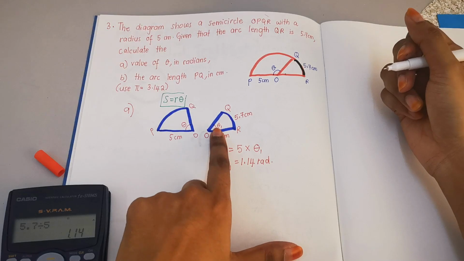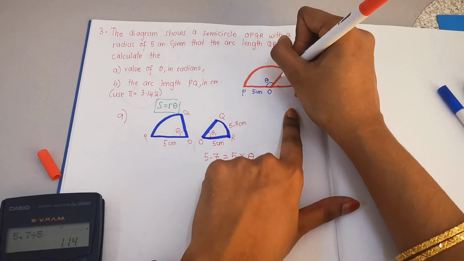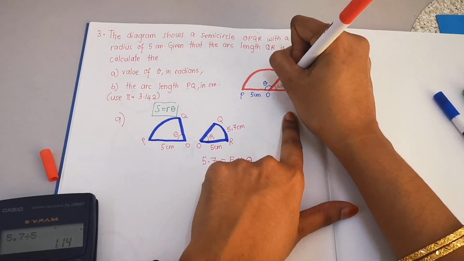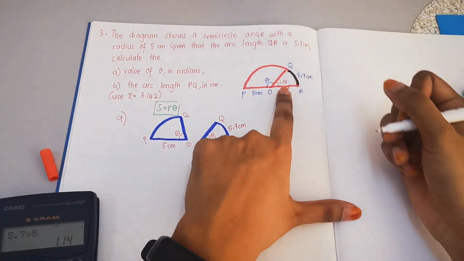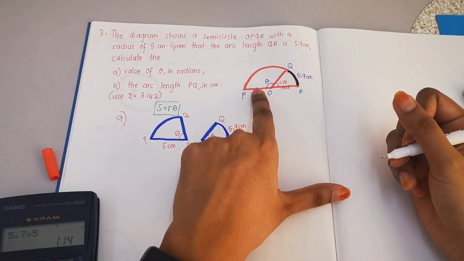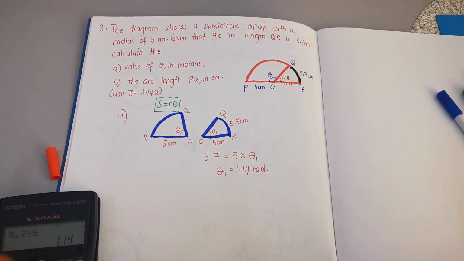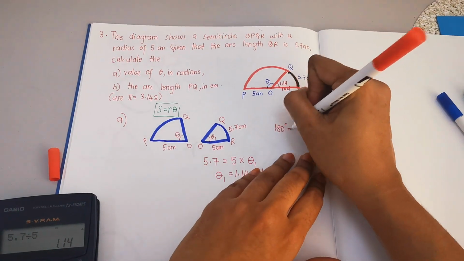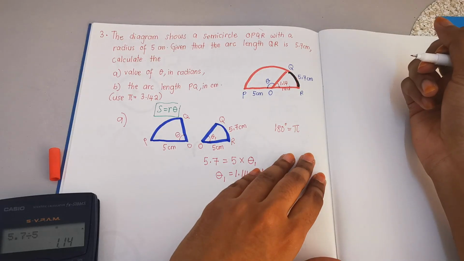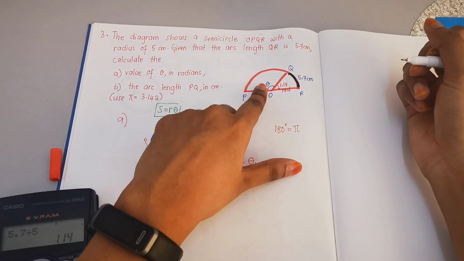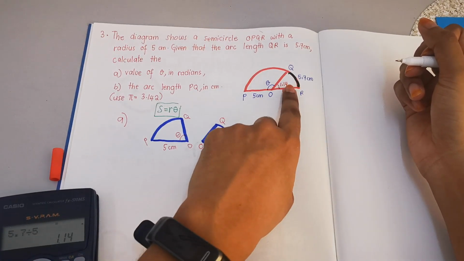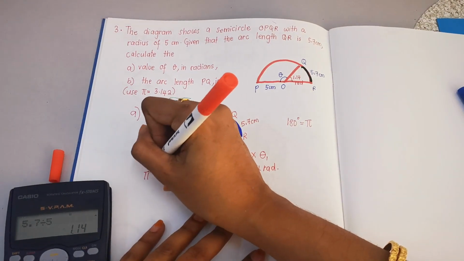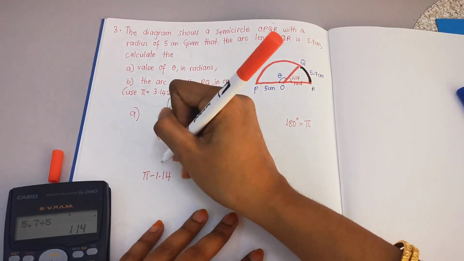So since we know this theta 1 is 1.14 radian, okay, this is 1.14. So can we find this part? Obviously, right? Because a straight line is 180 degrees. So 180 is actually pi. Okay, 180 is actually pi. So if I want to know the balance, I take pi minus 1.14.